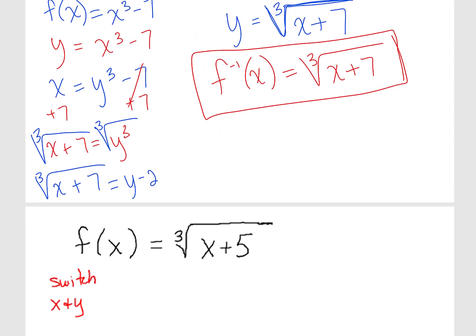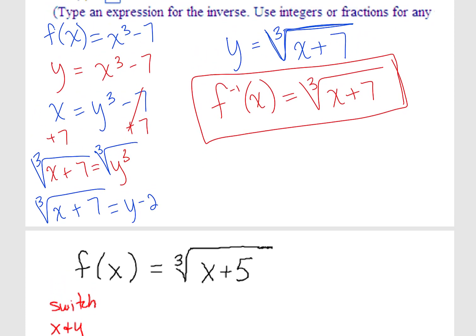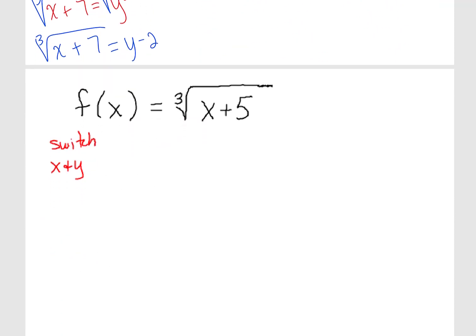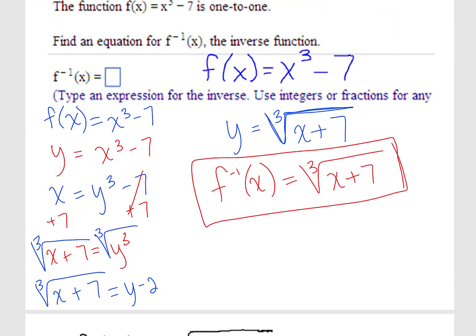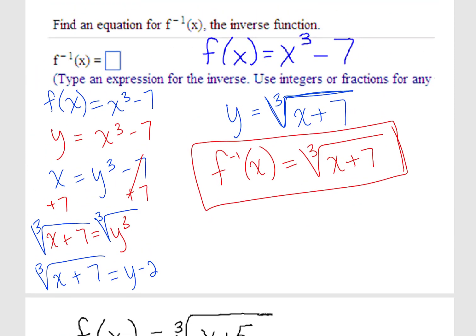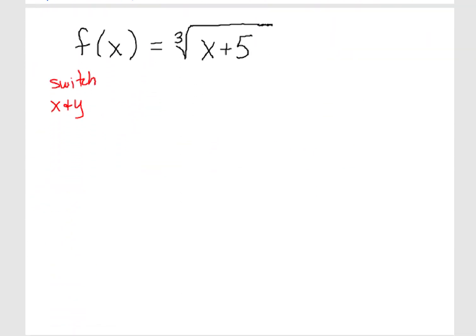Okay, this is a perfect example. So that one, we saw that it went underneath the radical. Let me see. I think we might see it in this one. All right, let's see. Replace f of x with y. Okay. Then switch x and y.